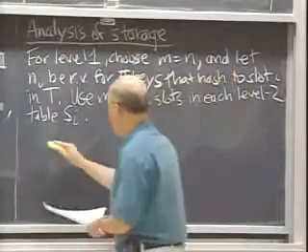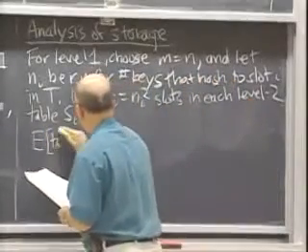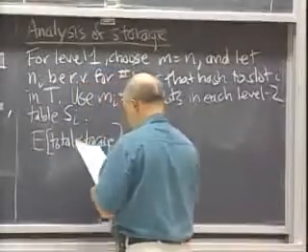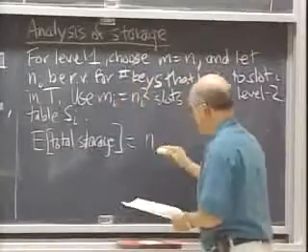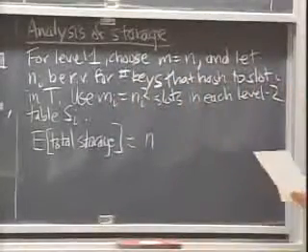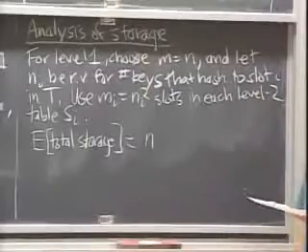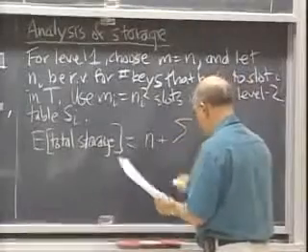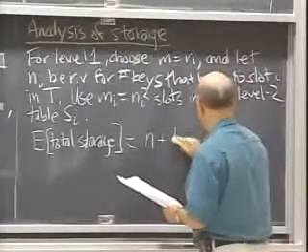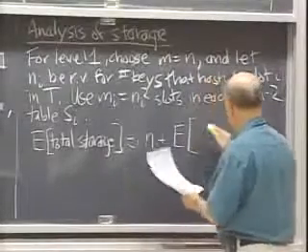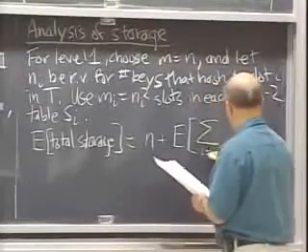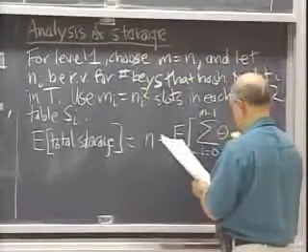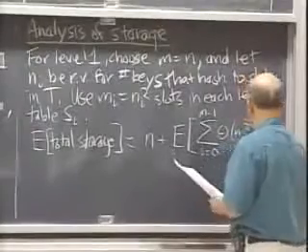So the expected total storage is just n for level 1, order n if you want, but basically n slots for level 1, plus the expected value of the sum, I equals 0 to m minus 1, of theta of n sub I squared.